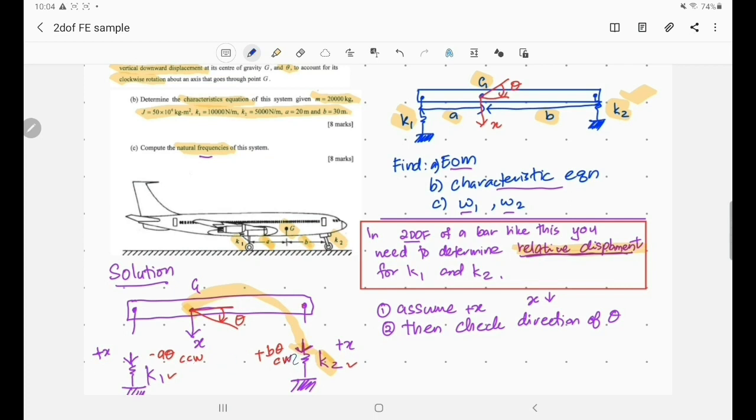Once you have determined the direction, then only you draw the action reaction, because this arrow goes down, so this one has to go up. Same as this one, it goes up. So in terms of drawing the arrows, it will be easy this time for the 2 degrees of freedom. You automatically set k1 and k2 going down because you want x to be positive. Once you do that, then the third part is to draw the action reaction.